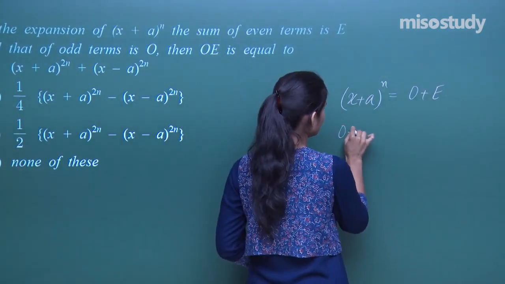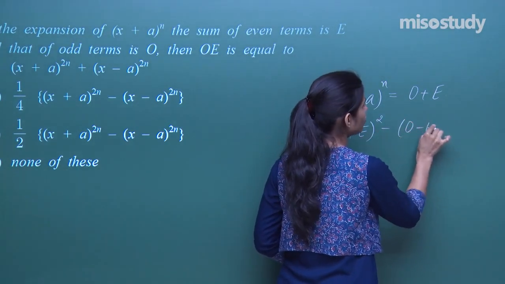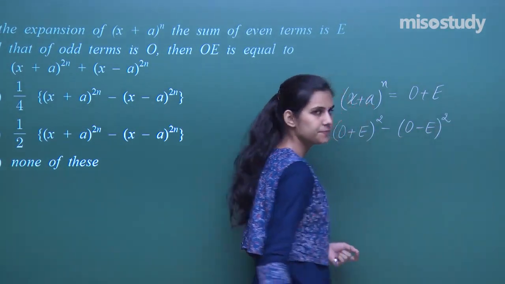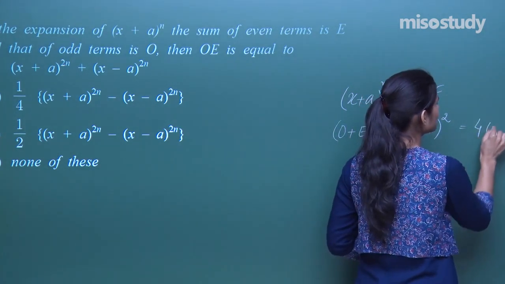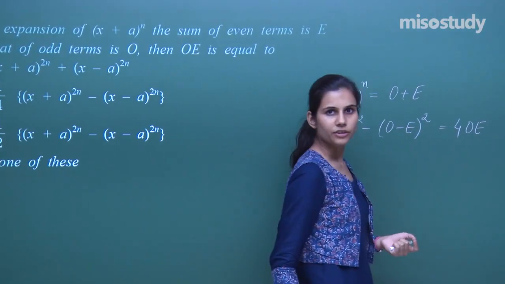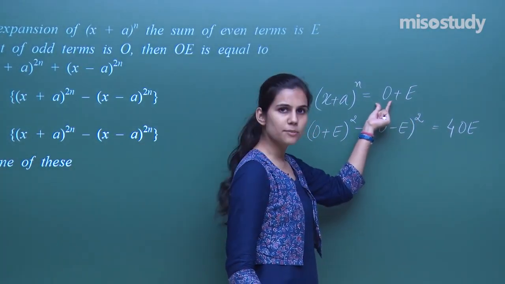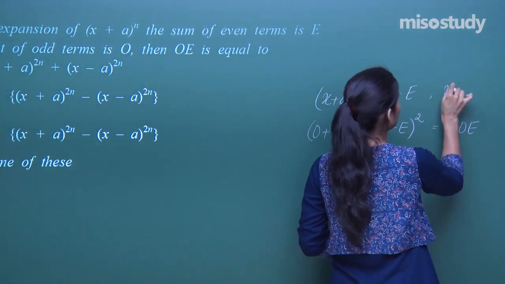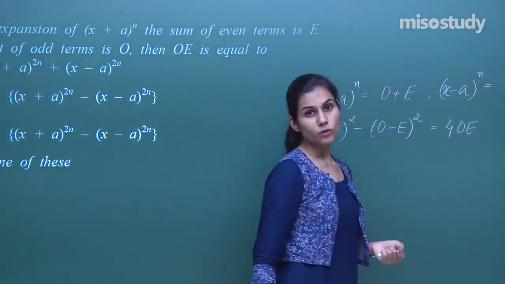So, if you observe, what is (O plus E) whole square minus (O minus E) whole square? This is nothing but 4 times OE, right? And you know that this is the sum of even terms plus the sum of odd terms. If I talk about (x minus a) to the power n, what would this be equal to?